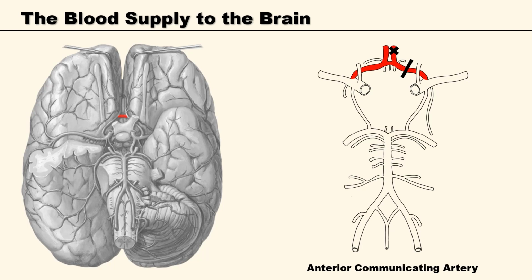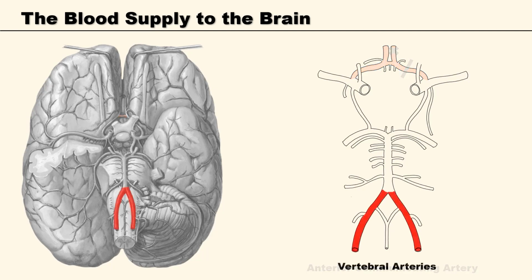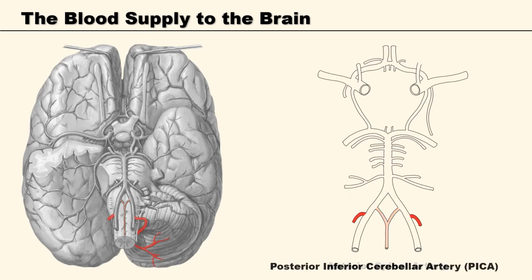Moving on, we have the caudal supply formed by the vertebral arteries, which give rise to the anterior spinal artery. This artery travels down the anterior or ventral aspect of the spinal cord. The vertebral arteries also give rise to the PICA, or the posterior inferior cerebellar arteries.